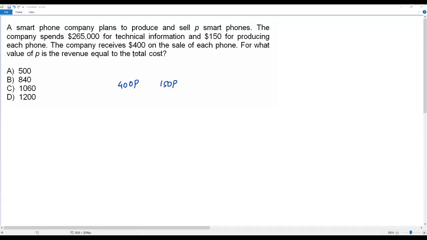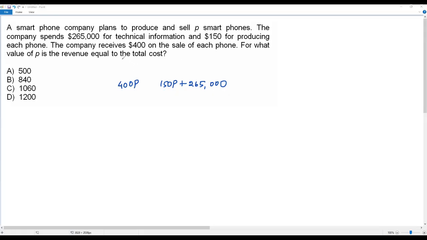Since the question says total cost, we have to include the money the company has spent for technical information, that is $265,000. So I have to add 265,000 to this. This is the money the company is spending for producing P number of phones, and this is the money the company is spending for technical information. When we add them, we get the total cost for producing P number of smartphones.